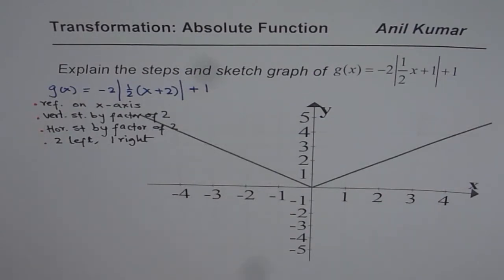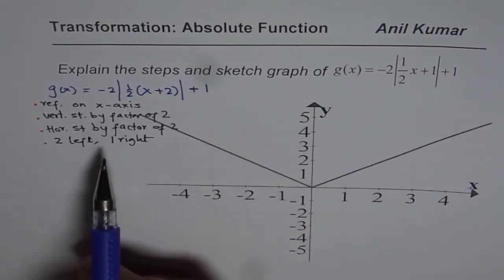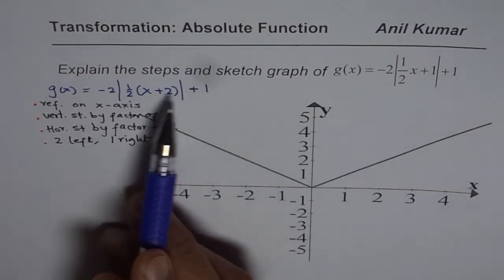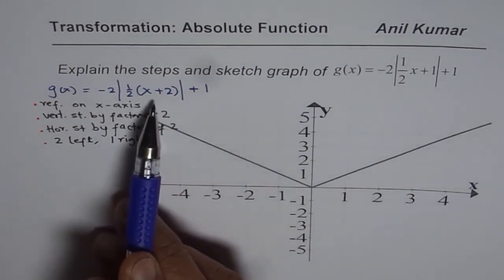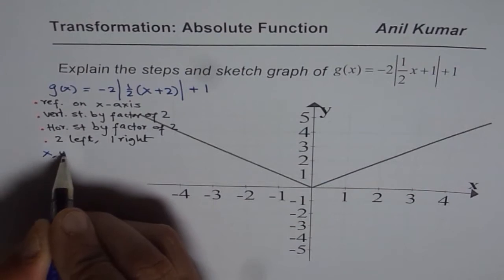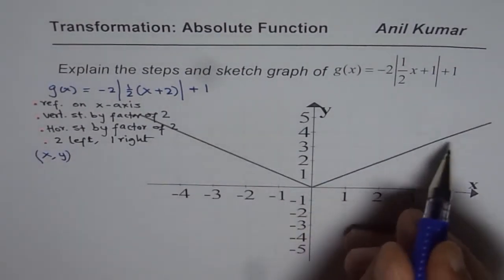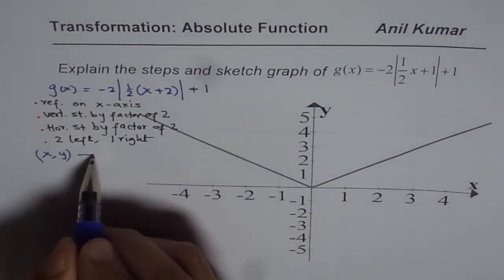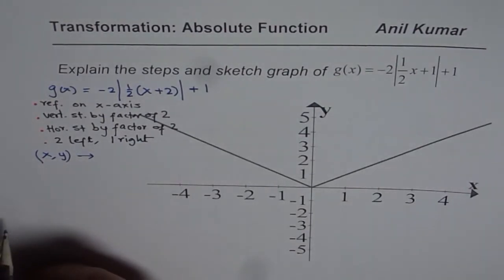So we have described the transformations. Now we'll also describe how the points get transformed. If there is a point with coordinates x, y in general on absolute x, then on g of x, what happens?